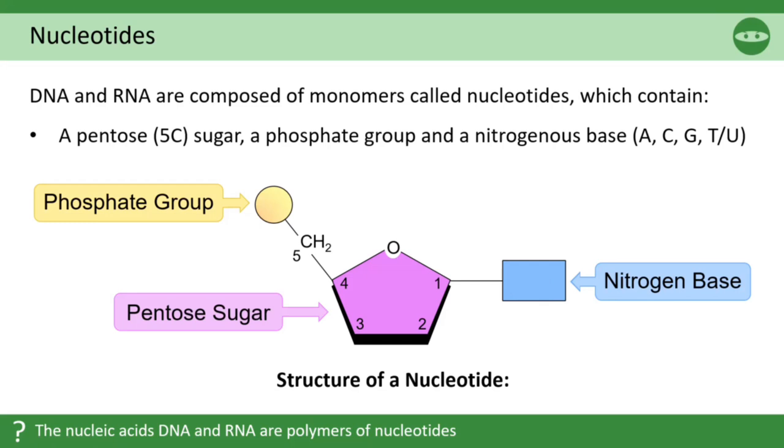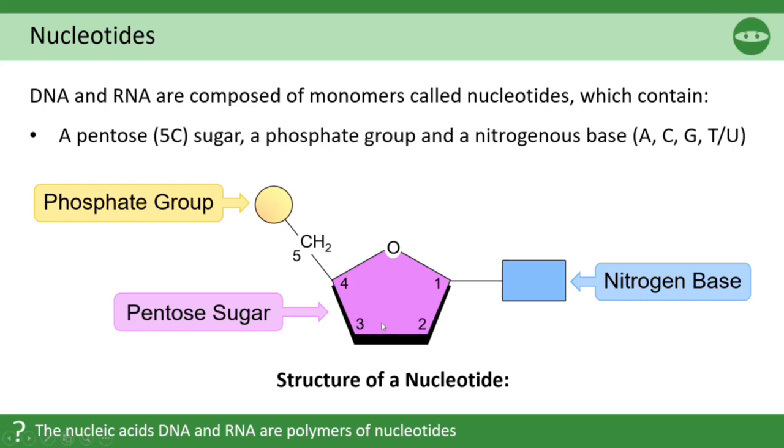This nitrogenous base could be one of 5 types: adenine, cytosine, guanine, thymine, or uracil.